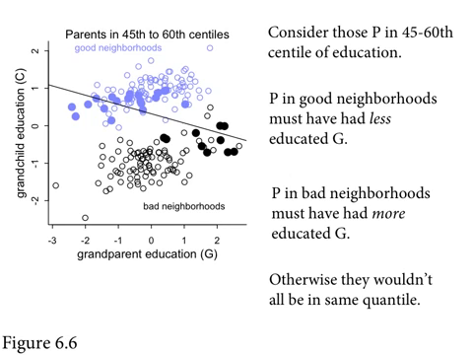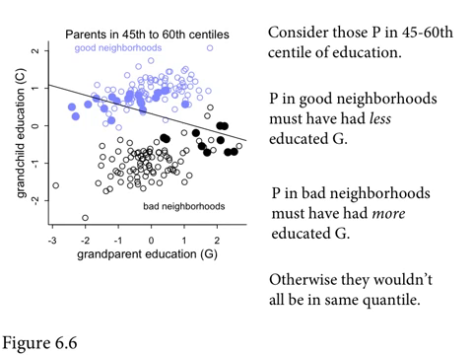So this is what conditioning on parents does: it stratifies by different levels of education, and then the regression only looks within each of those. That's how multiple regression works, recall. And so if we look at parents between the 45th to 60th centiles, this is what I've shown, and we draw a regression line through it, it's negative. And that's why you're getting a negative effect of grandparents.